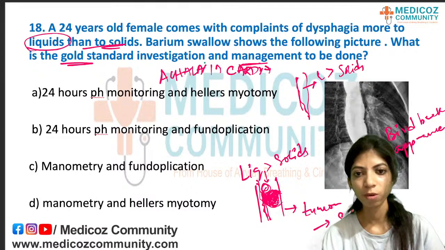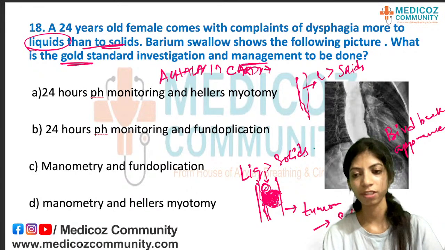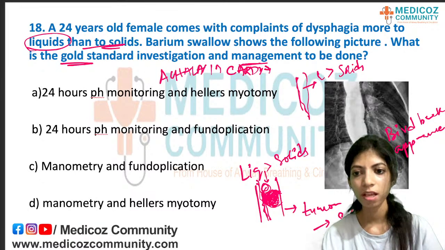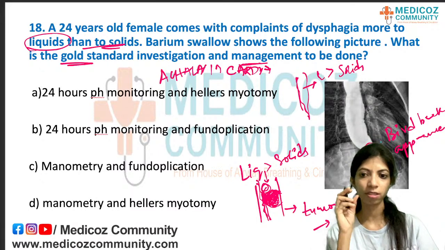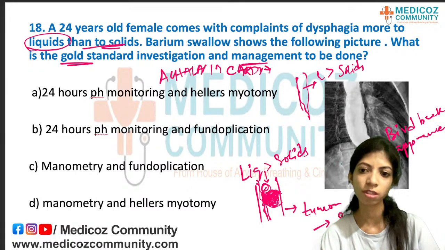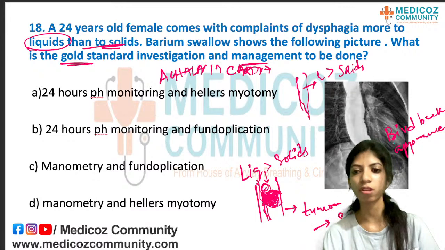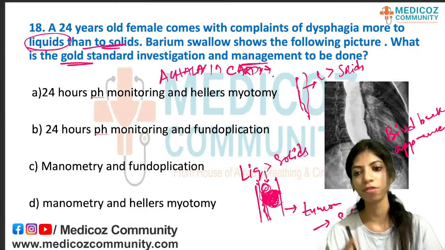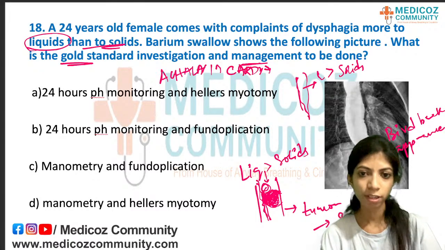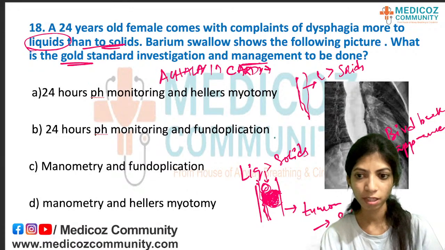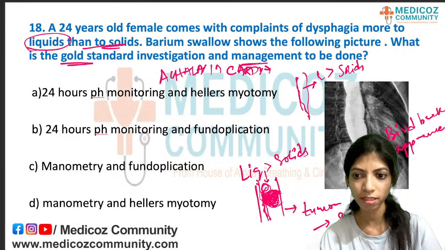So first let us see what is the gold standard investigation for Achalasia cardia. What is happening? Inhibitory neurons are lost in a segment, only selective inhibitory neurons are lost. So here also the lower esophageal sphincter tone is affected, but that is more in case of GERD. So first, the gold standard investigation is to see the spastic condition is there.